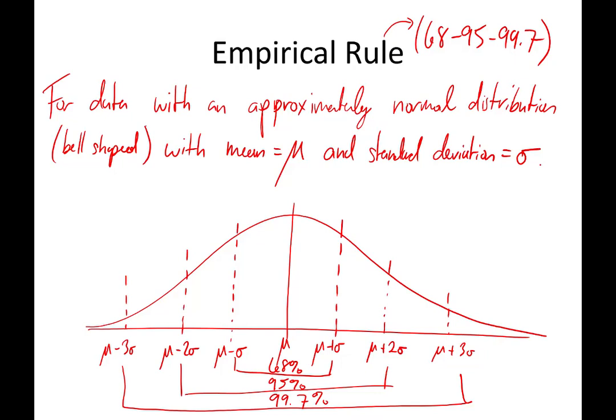It's not theoretically true, because the normal distribution is just something that you observe happening a lot in certain types of data. So it's just something that's been calculated over time. That's why it's called the empirical rule. It's a rule of thumb that we've observed about normal distributions over time.